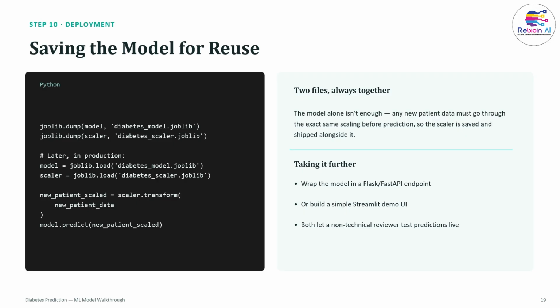From here, wrapping this in a Flask or FastAPI endpoint or a simple Streamlit interface turns this from a notebook into something a non-technical reviewer, that is, a hiring manager or a startup founder, can actually click through and test for themselves. Yes, let's move further.